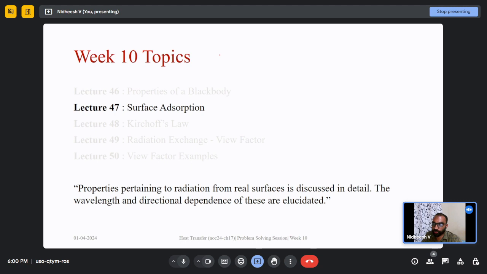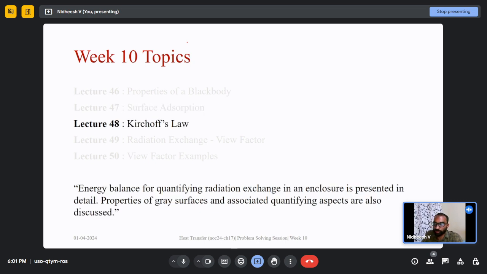In the subsequent lecture, the properties pertaining to radiation from real surfaces were discussed, along with the wavelength and directional dependence of emission from real surfaces. In lecture 48, the energy balance for quantifying radiation exchange in an enclosure was presented, and the properties of gray surfaces and associated quantifying aspects were discussed.